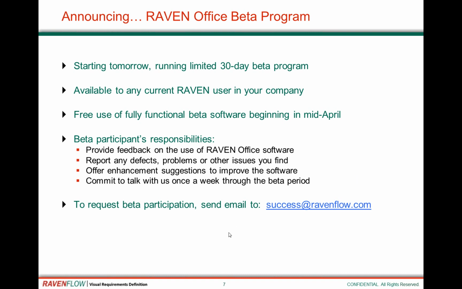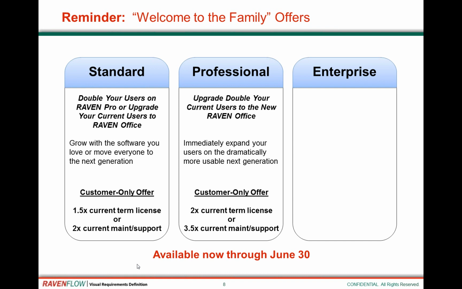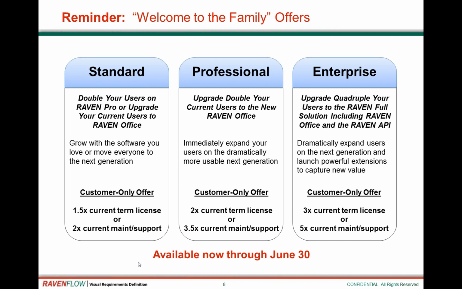Okay, so in terms of the final thoughts here, we do have these Welcome to the Family offers that were teed up by Davin in his briefing to you a few weeks ago. What it basically says is that you have an opportunity to take all your current users over to Office, to double your current users, and you can see the multipliers there.